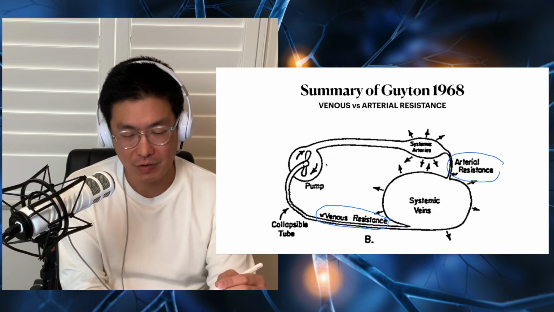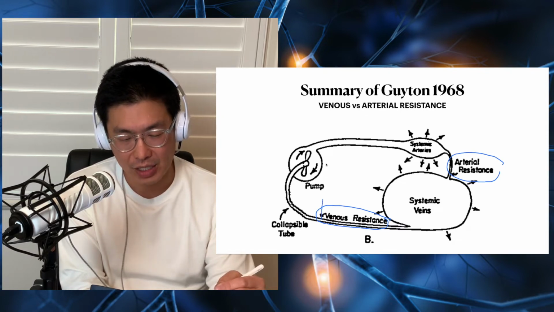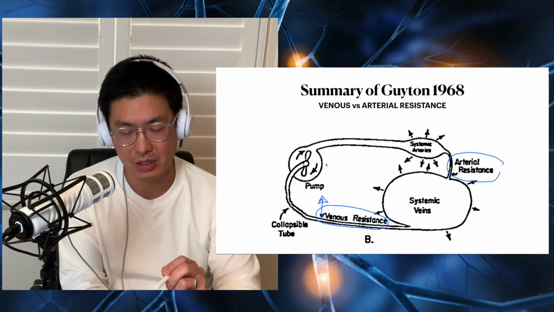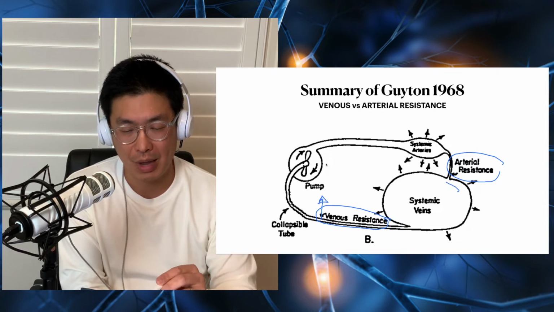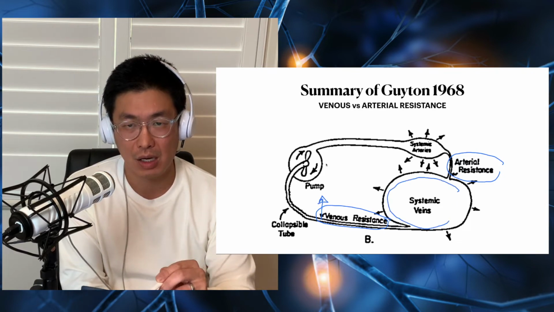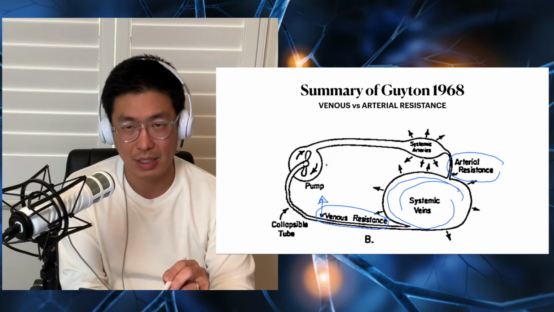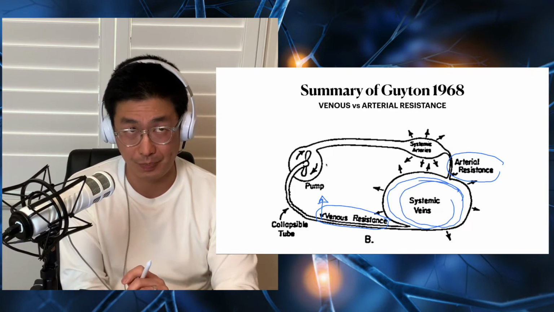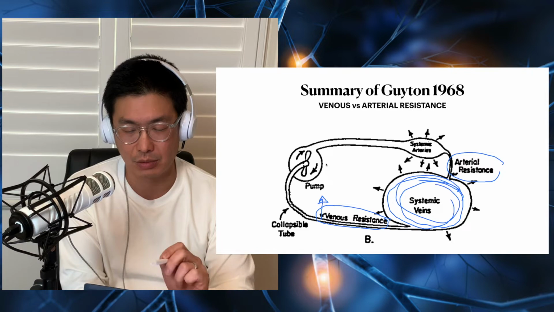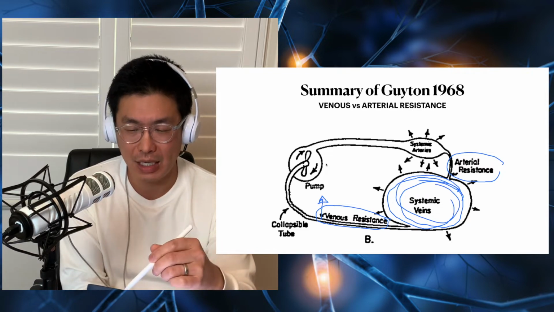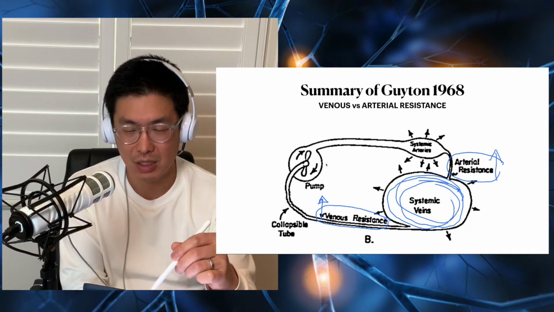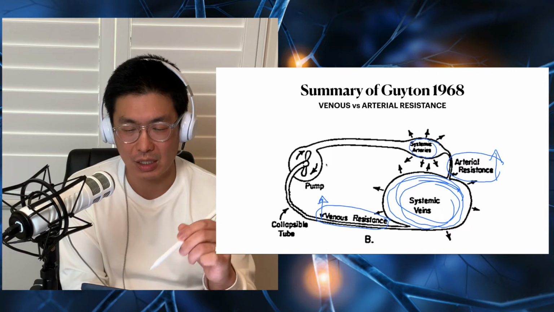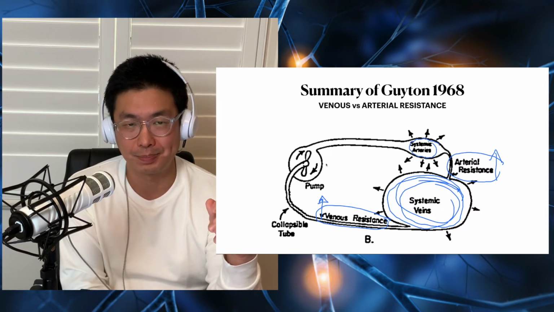And the reason for that is that anything that increases venous resistance will cause a backlog of blood into these veins, which are distensible. Whereas anything that increases arterial resistance, these systemic arteries, they don't actually hold that much blood.